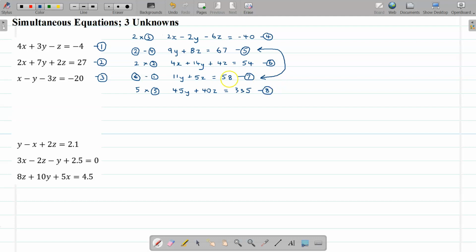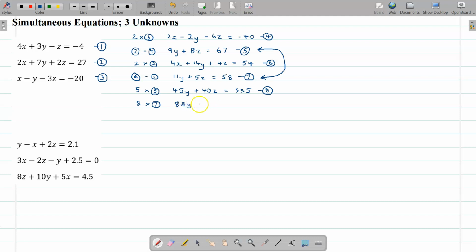And then for equation 7, to get that z term also to be 40, I've got to multiply that whole equation by 8. So I'm going to need to do 8 times equation 7, and that's going to give me 88y.